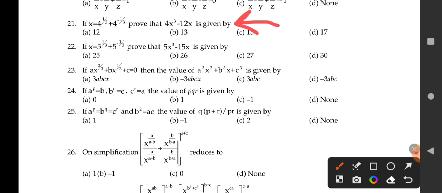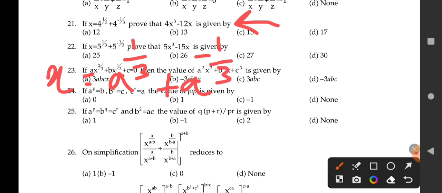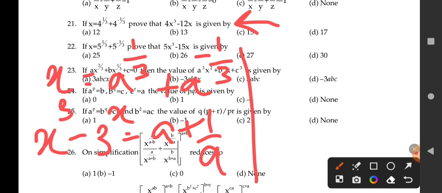When x is equal to a power 1 by 3 plus a power minus 1 by 3, and you are asked x cube minus 3x, then the answer becomes a plus 1 by a.